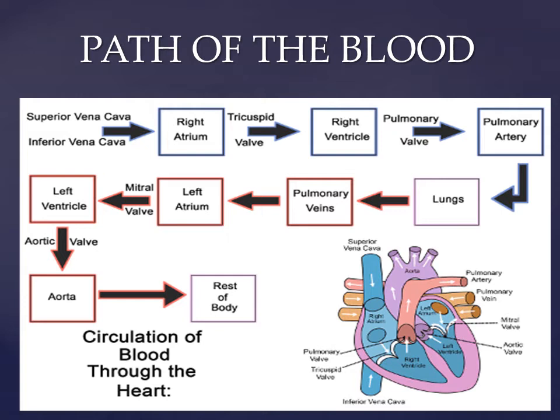When the ventricle is full, the mitral valve shuts. This prevents blood from flowing backward into the atrium while the ventricle contracts. As the ventricle contracts, blood leaves the heart through the aortic valve into the aorta and to the body.